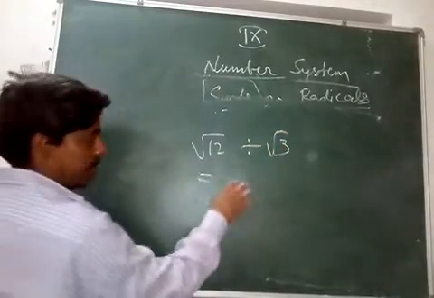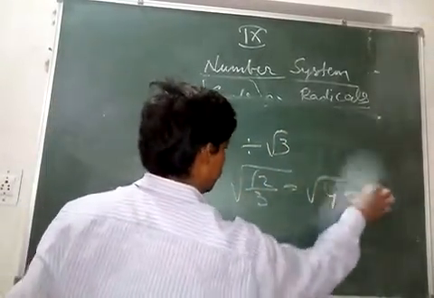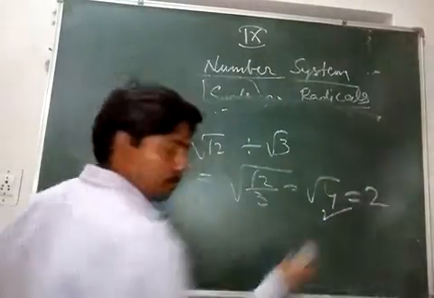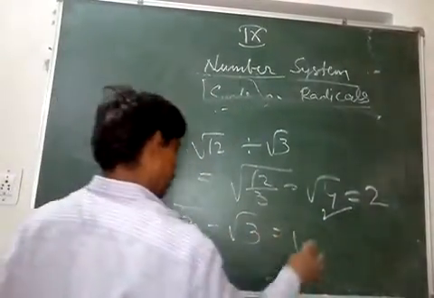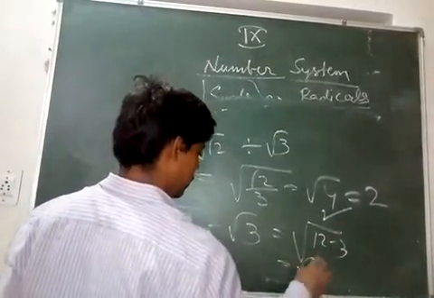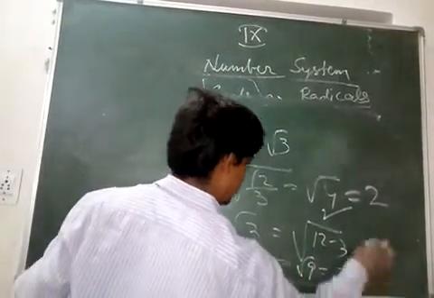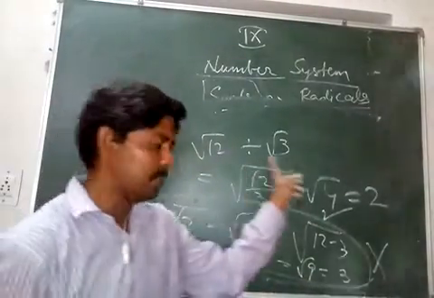You can write this as root 12 upon 3, that is root 4, that is root 2. This is allowed. Okay, but somebody is asking root 12 minus root 3 is equal to 12 minus 3 is equal to root 9 is equal to 3. This is wrong. This is wrong and this is correct.